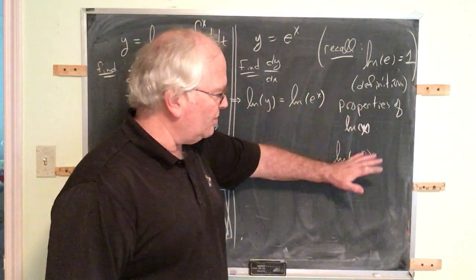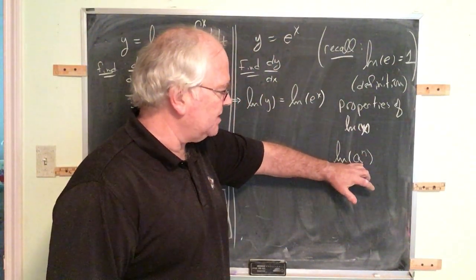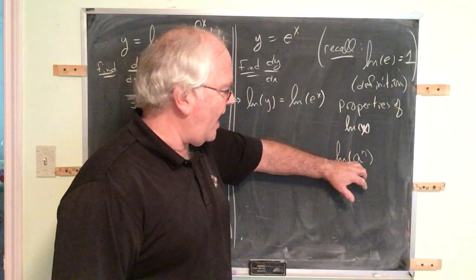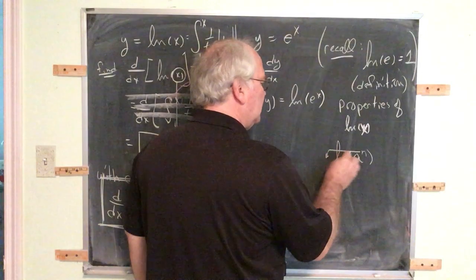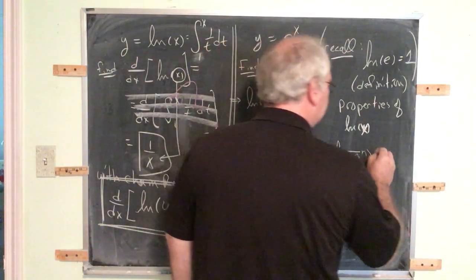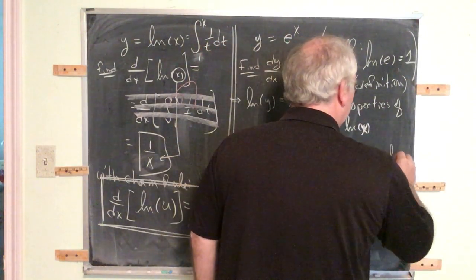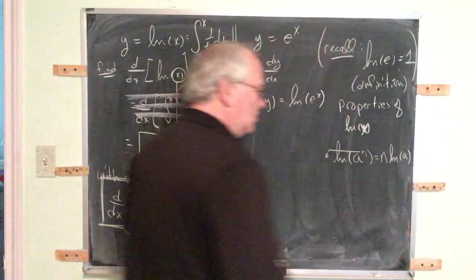With appropriate restrictions, these may be any real numbers. The natural log of a raised to the nth, do you recall this? You're allowed to move this exponent down to become a coefficient. This is equal to n times the natural log of a.